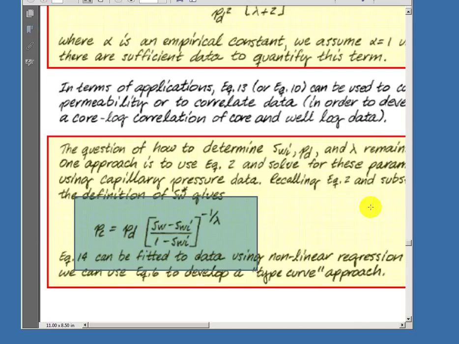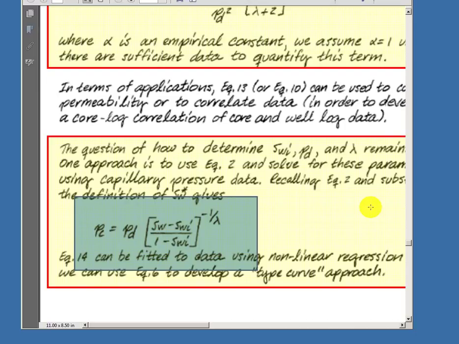Okay. Is there a way of solving those parameters directly without using a type curve? That's Jeopardy for those of you who don't know. You have 1 minute to tell me. Take the log. Okay, you take the log of both sides of that equation, and what do you get? Correct.